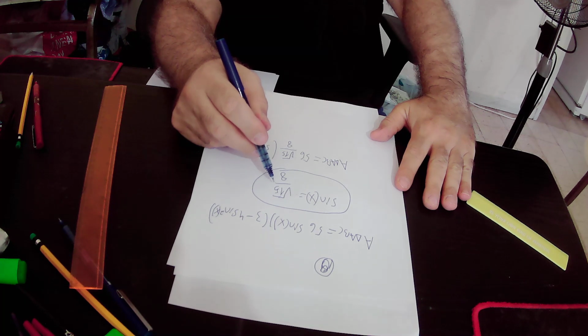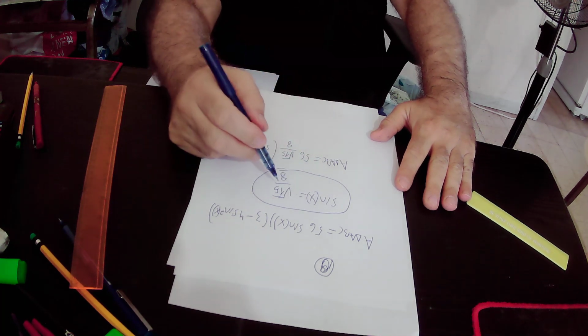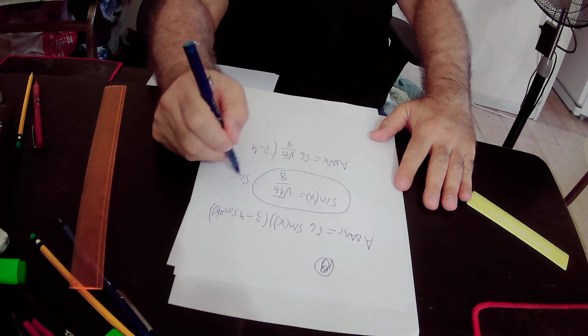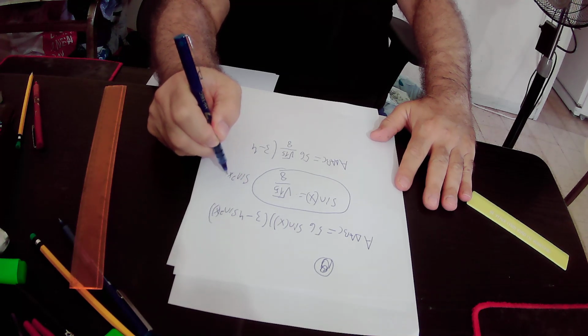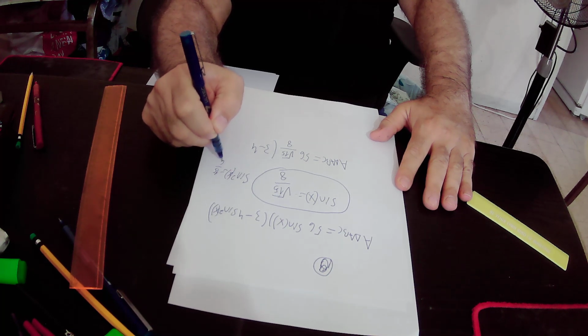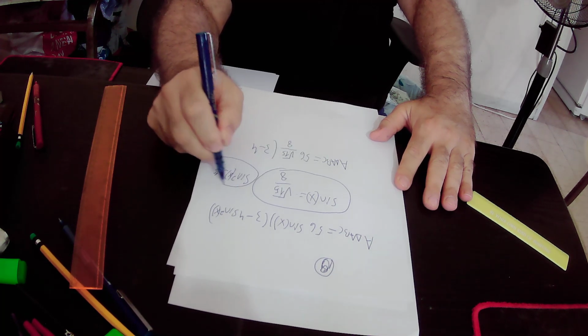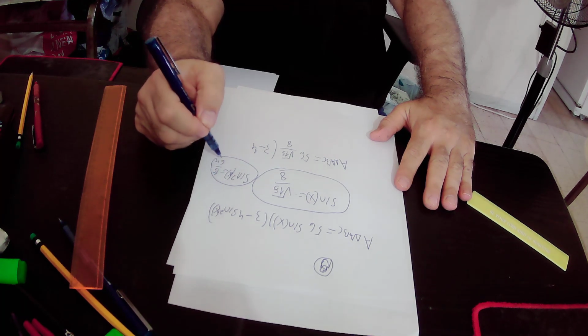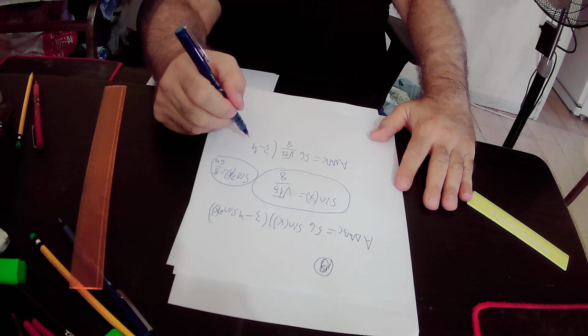Here if sine x equals root 15 over 8, then sine x squared will be equal to 15 over 64. Okay, we substitute sine x squared by 15 over 64.